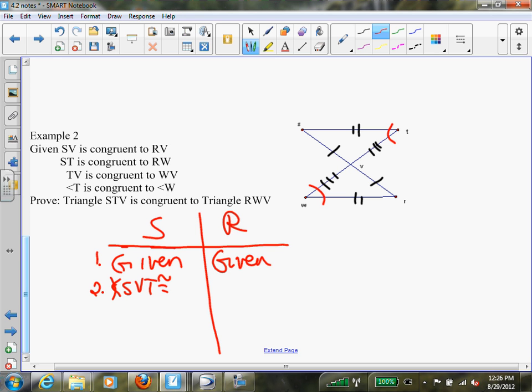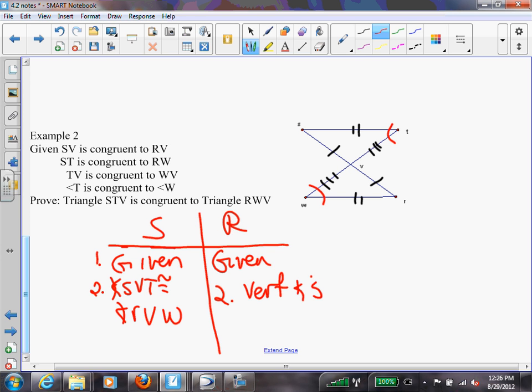No, SV, one tick, RVW. And we said that the reason was vertical angles, or vertical angle theorem. Okay. Yes, I do THM. All right, so we've just proven these are congruent, right?